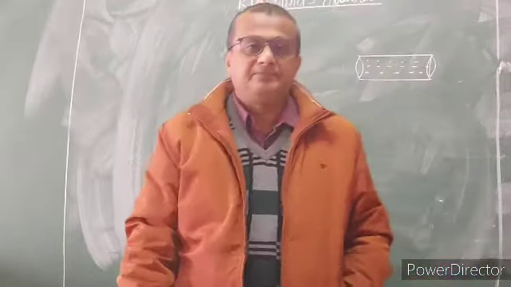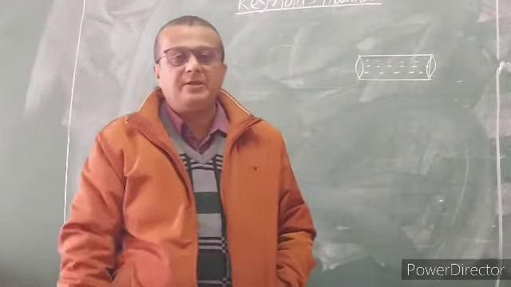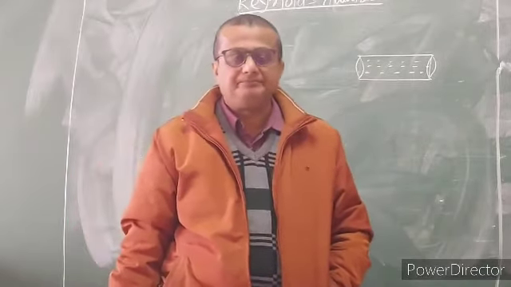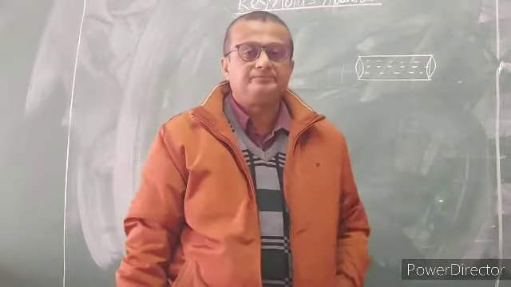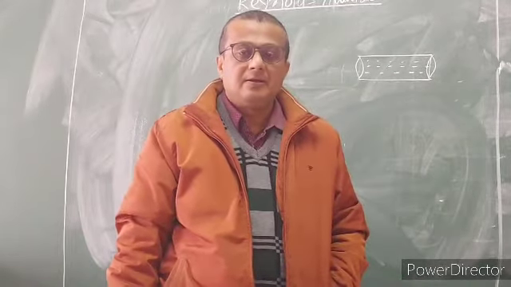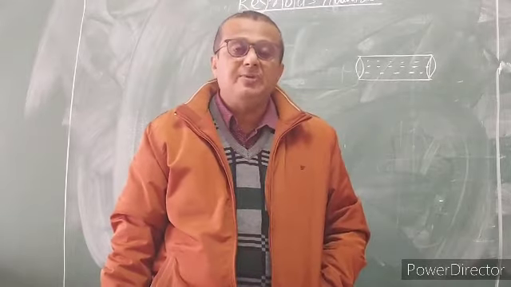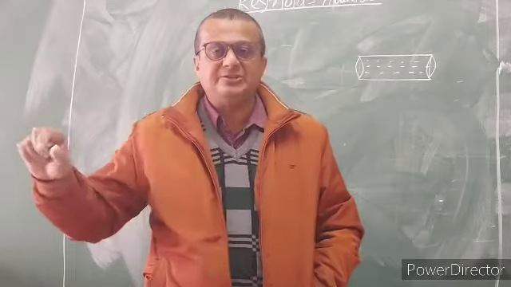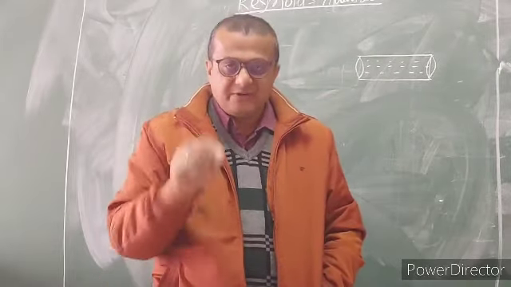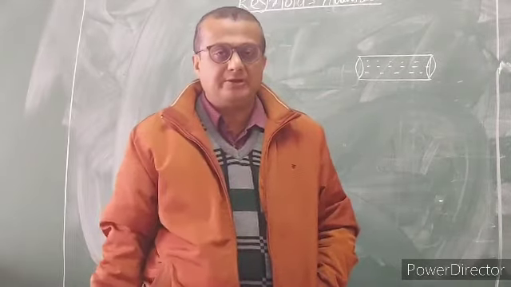Yes, children, coming to the next topic, Reynolds number. Liquid is flowing through a tube. Its nature is streamlined, but when speed increases, after a certain speed, it becomes turbulent.